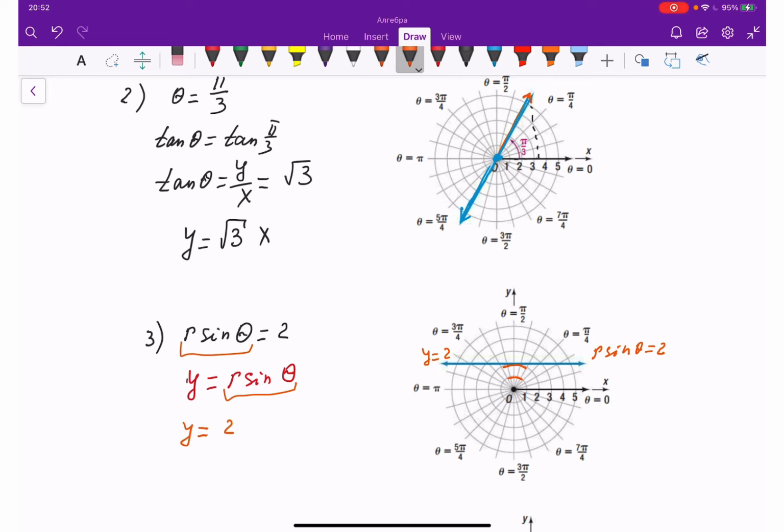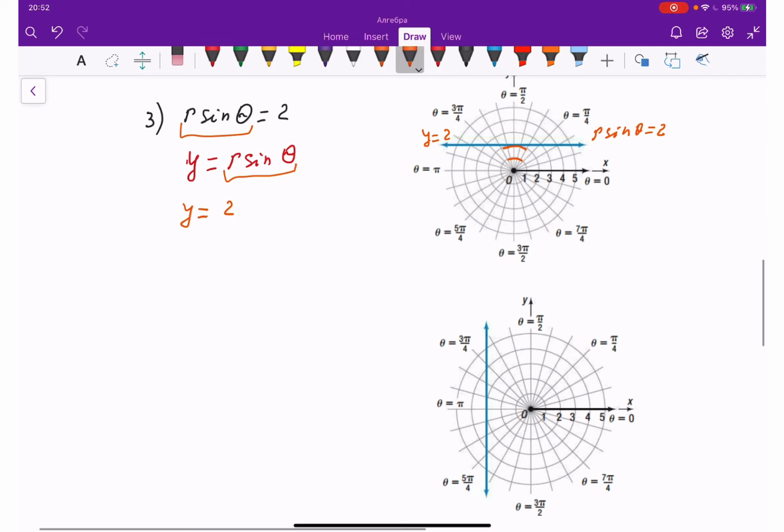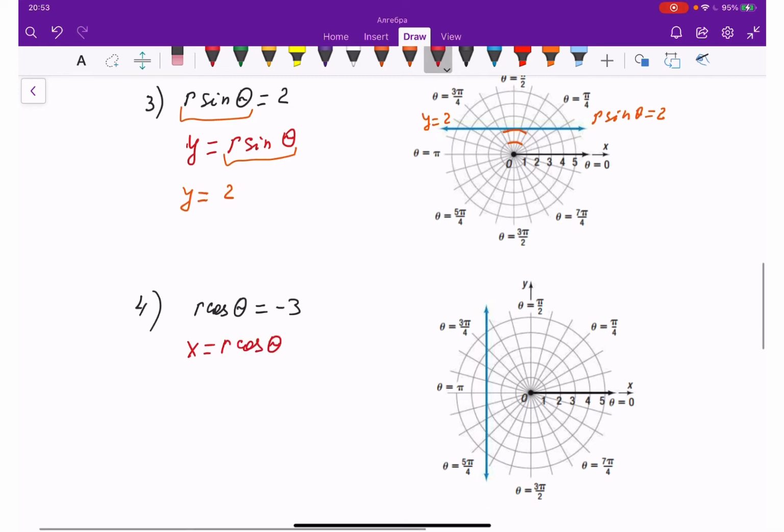Okay, next one. Now let's do a vertical line. Since we did horizontal, we need to do vertical also. In this case, we have r cosine theta, and as you can see, it's on the negative side of x, equal to negative 3. Since we know that x equals r cosine theta, we can write down that x equals negative 3.